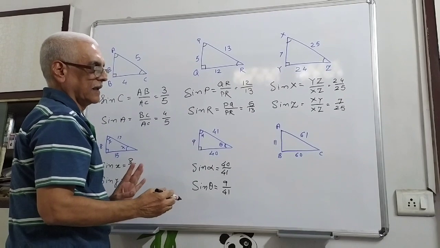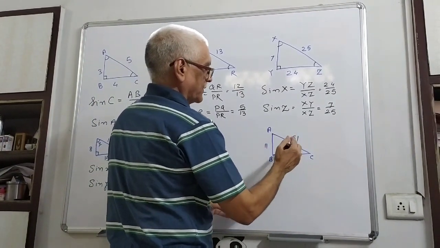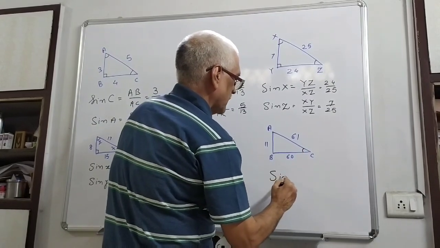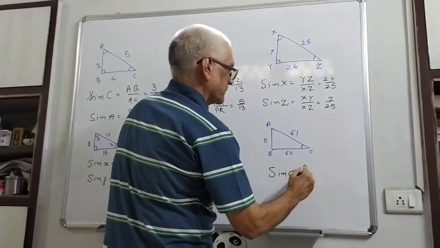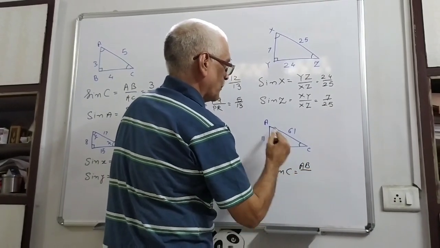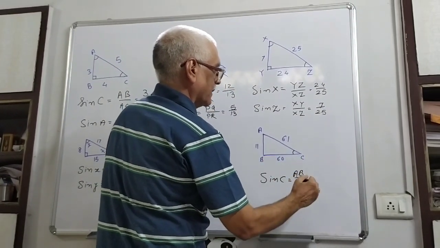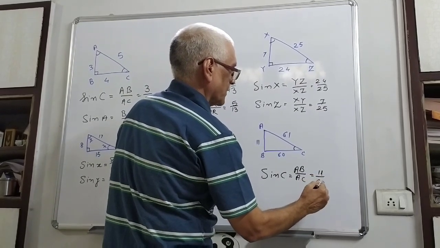In this triangle, the sides are 11, 60 and 61. We can consider sine C. Sine C means the length of the side opposite to C, that is AB, upon hypotenuse AC. Hypotenuse means the side opposite to the right angle. So AB is given as 11 and hypotenuse is 61.